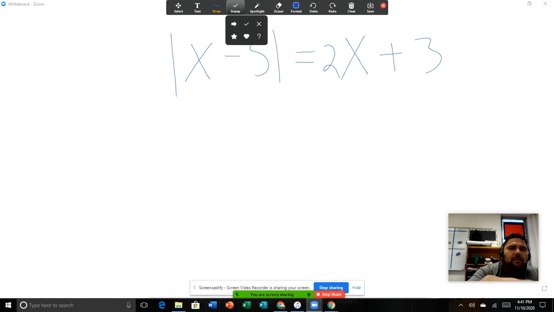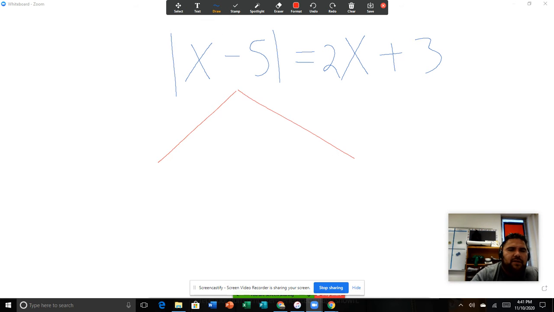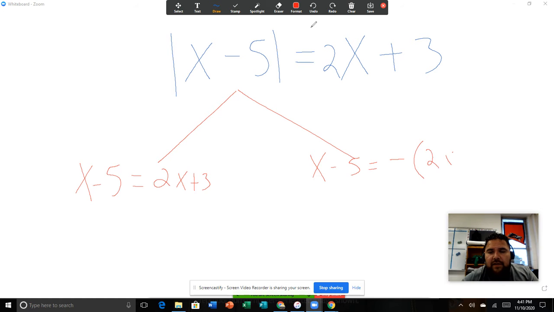Now the same rules apply. We separate this into two equations. The first equation is going to be x minus 5 equals 2x plus 3. The second equation is going to be x minus 5 equals, and here is what I like to do: I draw the negative symbol, and we're going to do 2x plus 3.